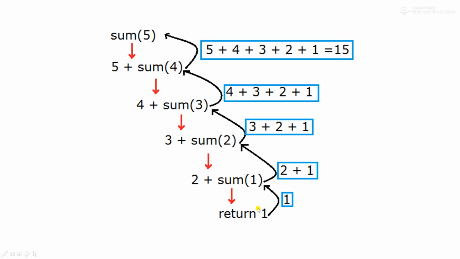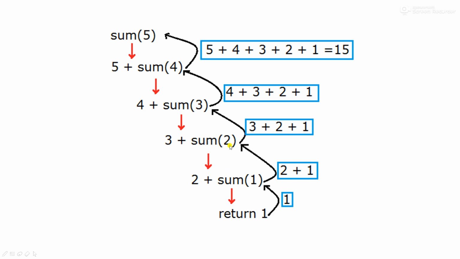We have taken return 1 plus sum of 0, and we have taken return 0. So here return 1, and here 2 plus 1.